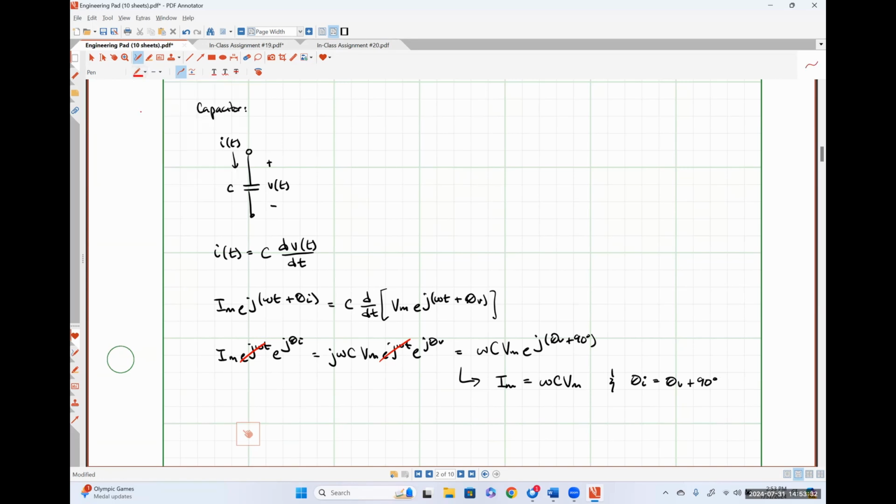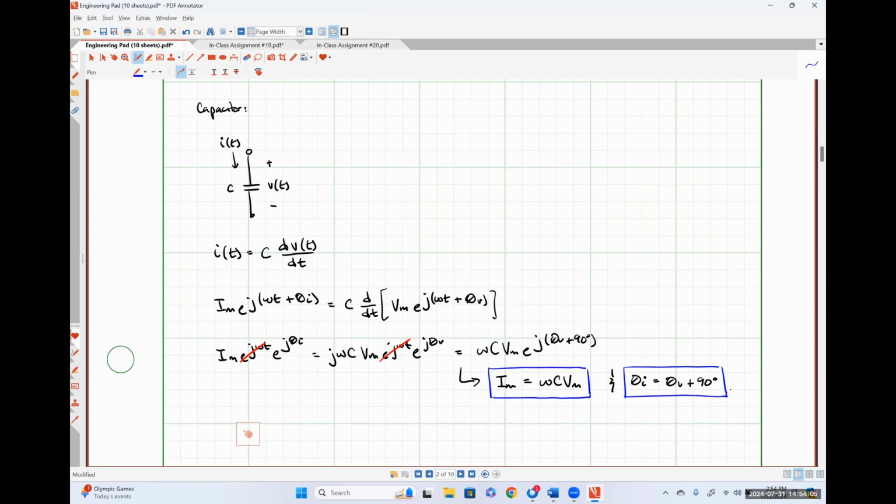So in a capacitor, the current is always leading the voltage by 90 degrees because the phase angle of the current is always 90 degrees larger than the phase angle of voltage. So in a capacitor, the current leads the voltage by 90 degrees, and in an inductor, the voltage leads the current by 90 degrees, as we saw a couple of moments ago.